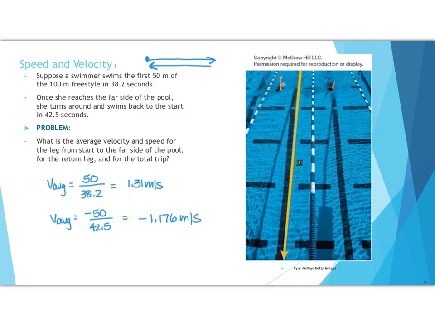We want to be careful that we pay attention to that. And then for the whole trip, of course, her displacement is 0. Her total time is the 38.2 plus the 42.5. Doesn't really matter, because her average velocity is 0 meters per second because she begins and ends at the same location.